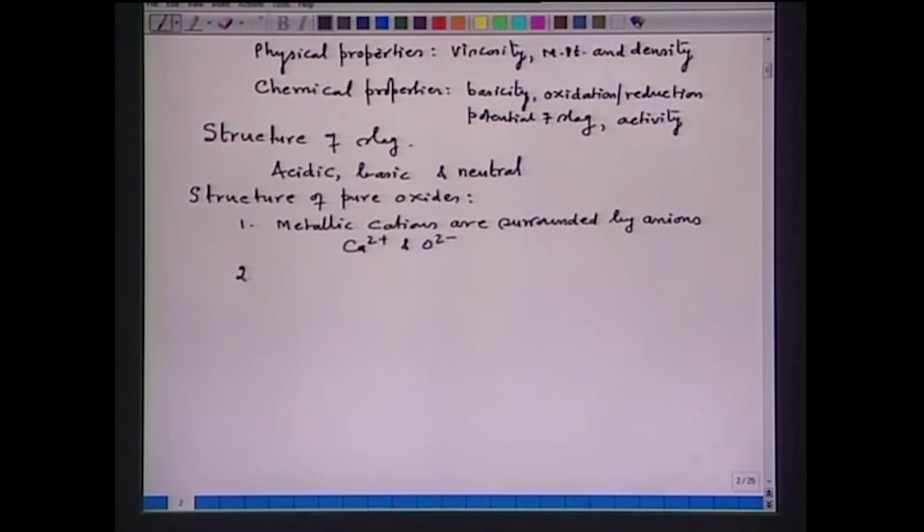Second important feature, cations of greater radius, for example, Ca2+ and Mg2+, in oxides have octahedral structure.